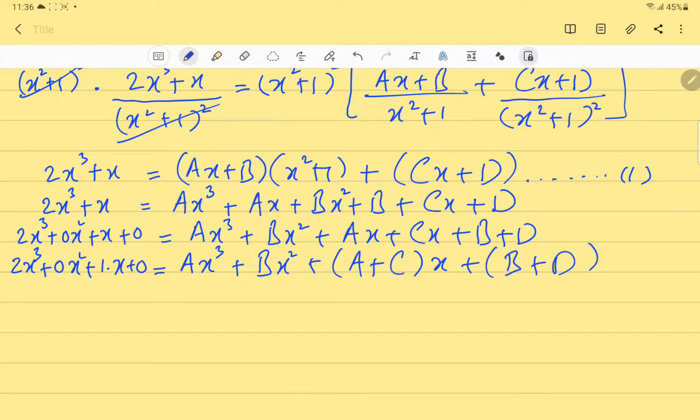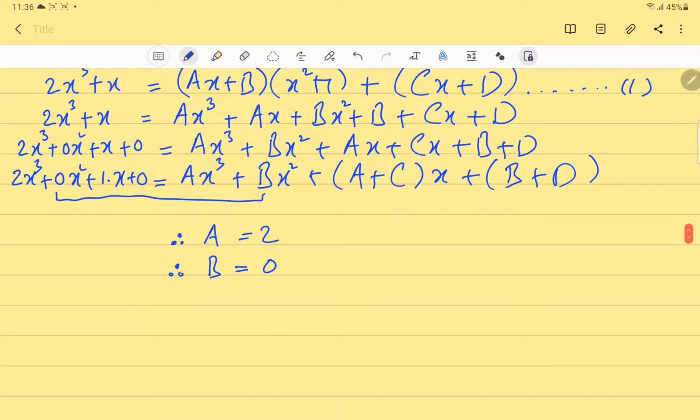First we will compare the coefficients of x cube. It gives us a is equal to 2. Then we compare the coefficients of x squared. It gives us b is equal to 0. Then we compare the coefficients of x. So it gives us a plus c is equal to 1.